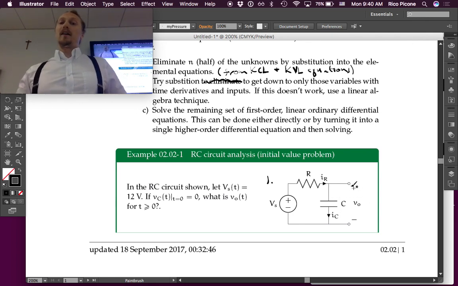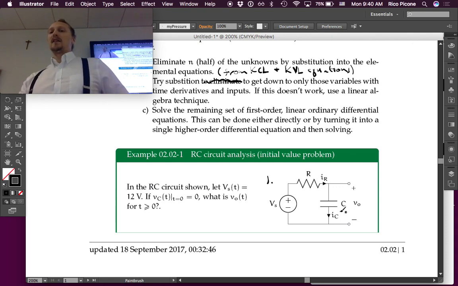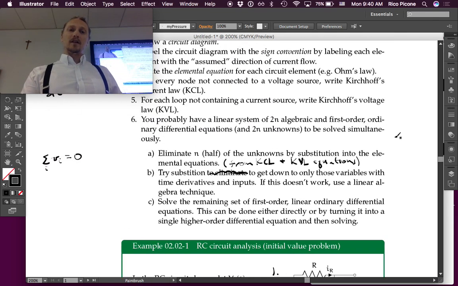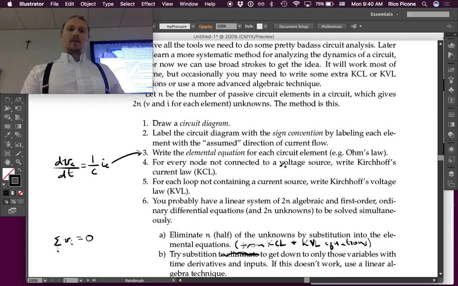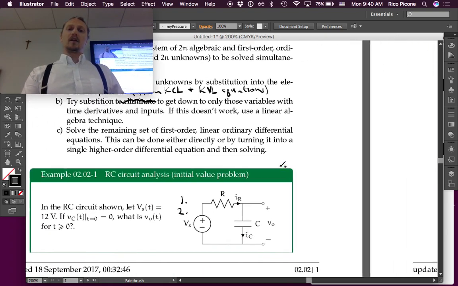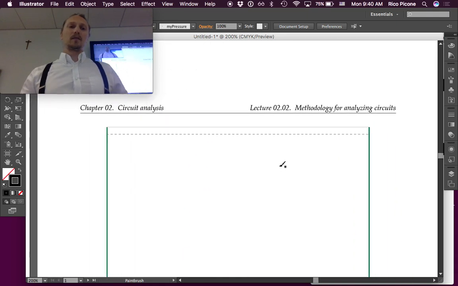And also V out I put in the same direction of assumed voltage drop as Vc, conveniently. So, step 2, check. Step 3 was great. So let's move to the next page to do step 3.